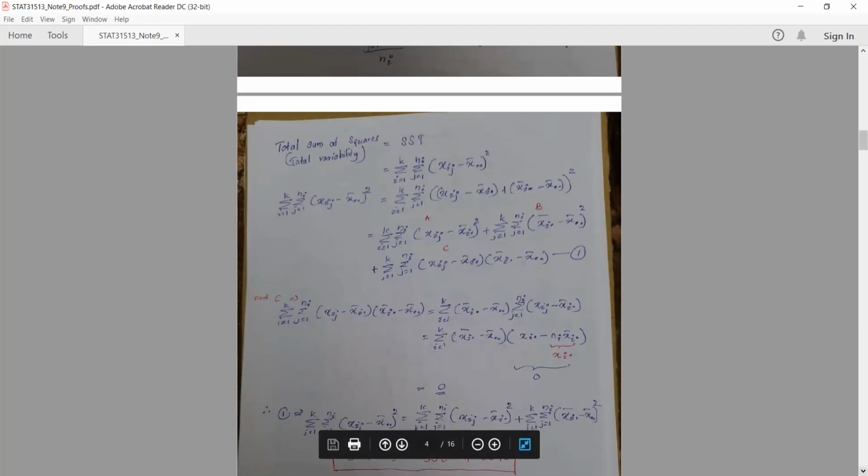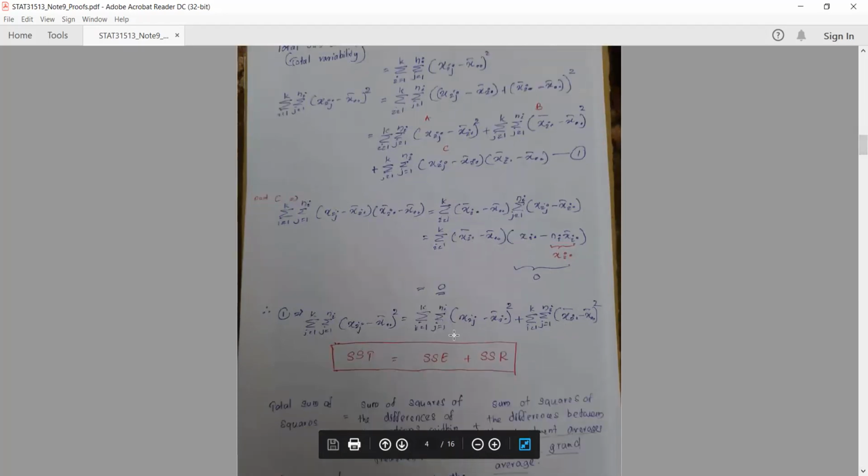From that, actually we can find, now here you can see we have the total sum of squares, which is equal to the sum of xij minus x double dot bar squared. And we have the error sum of squares, which is equal to the sum of xij minus xi dot bar squared.